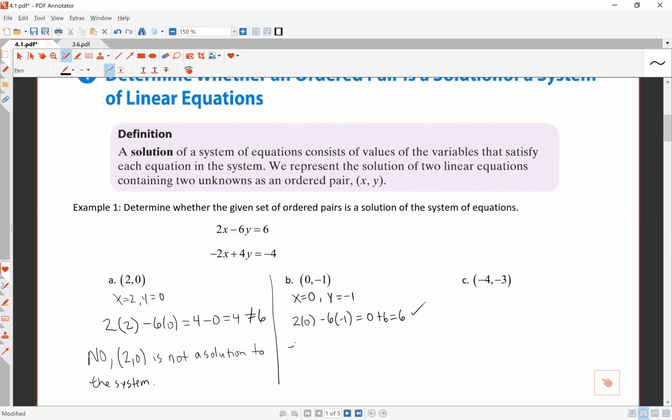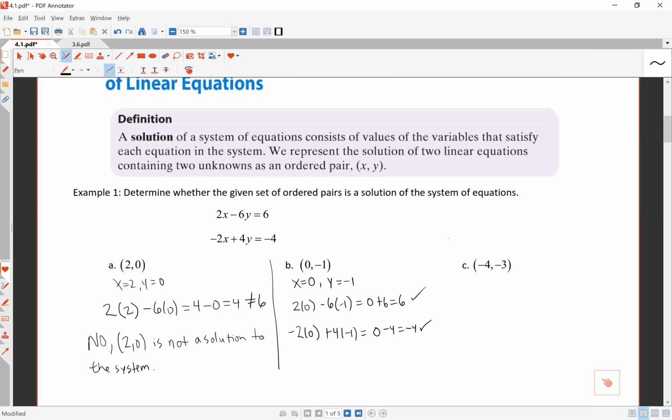The second equation is negative 2 times 0 plus 4 times negative 1. That's 0 minus 4, which is also negative 4. And so now we can see that (0, negative 1) is a solution to the system.